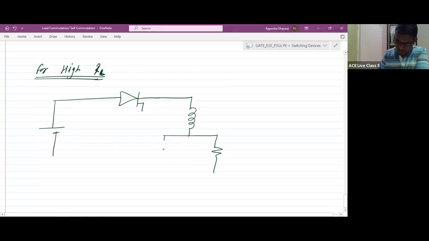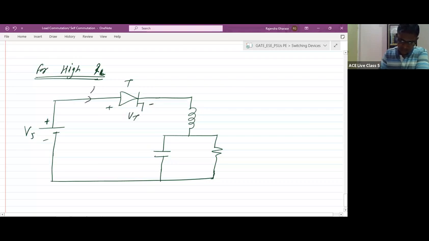Here it is a load resistor RL, and here we have connected a capacitor. This is Vs. This is a thyristor T. Voltage across thyristor is Vt. Current through thyristor is It. This is L. This is C. Consider this current is IC. This is a high load resistor, high RL.